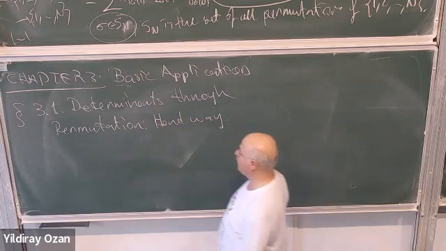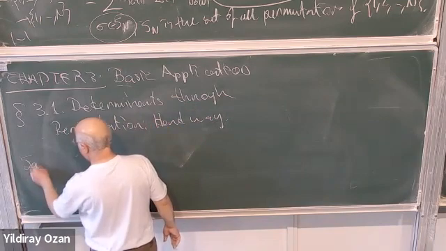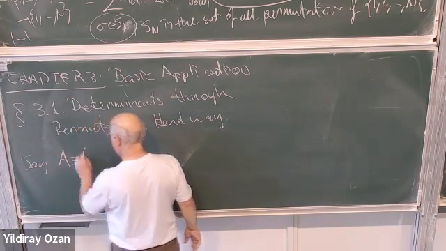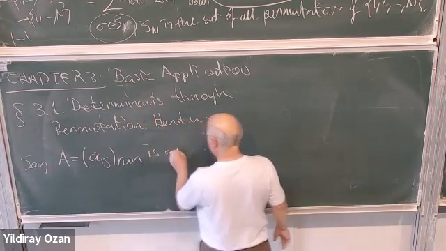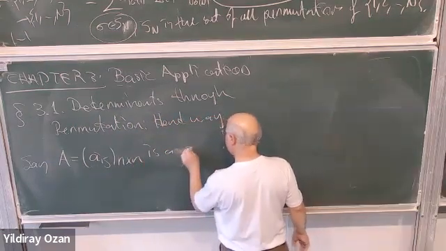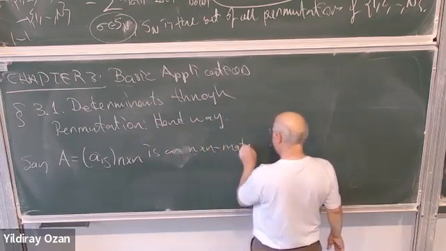What is the determinant of an n by n matrix? Say A_ij is a square, n by n matrix.